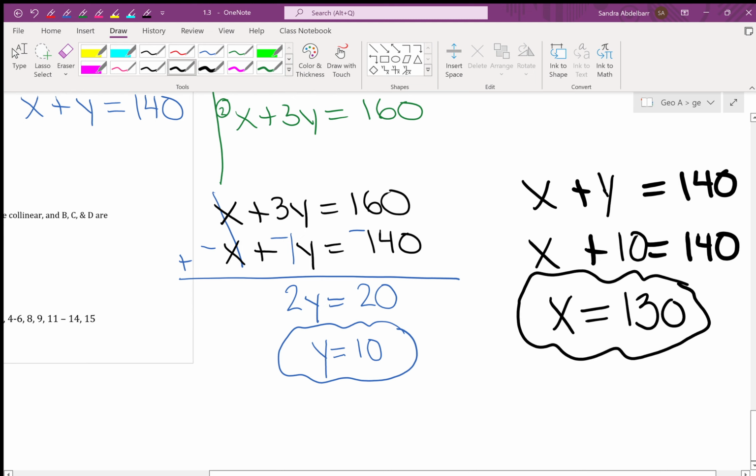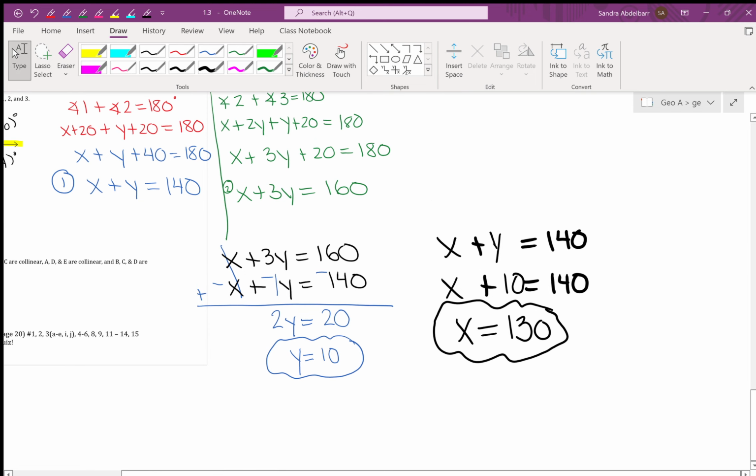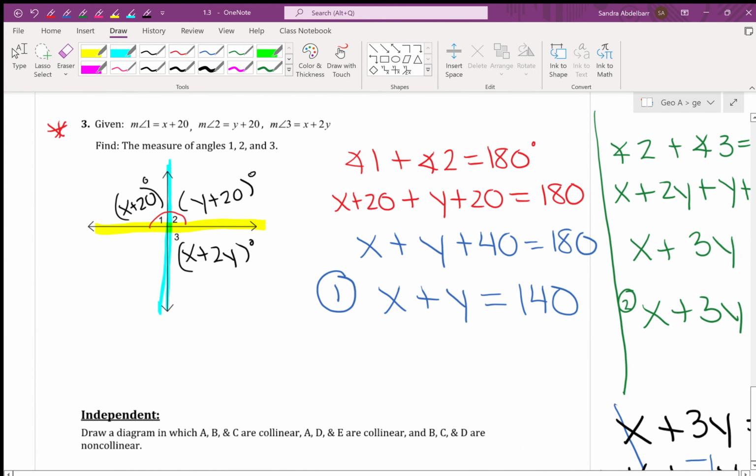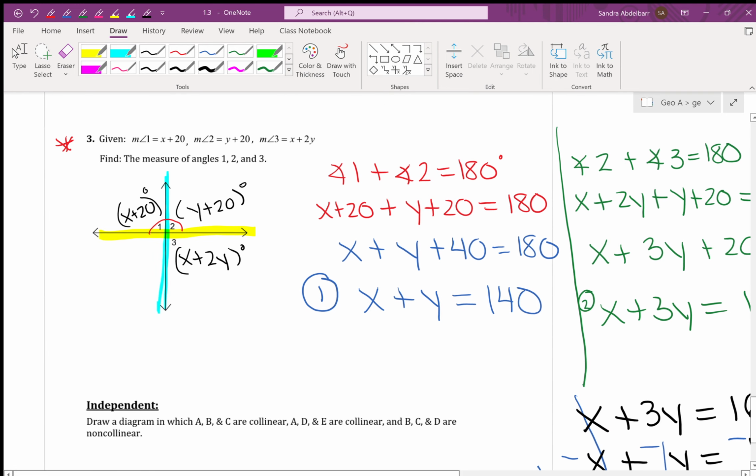What was I asking for in the problem? Go back up. Sophie? Oh, good, all the angles. So I'm going to go through and figure out what these are. Angle 1 is x plus 20. What is x?